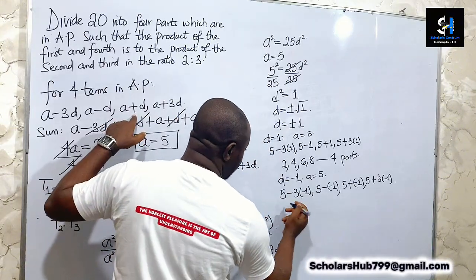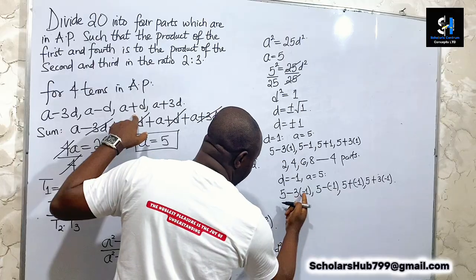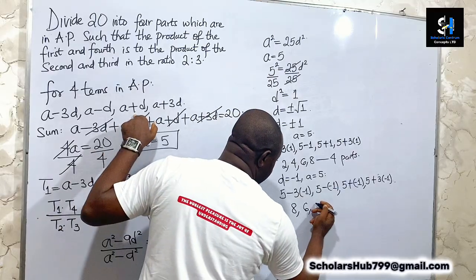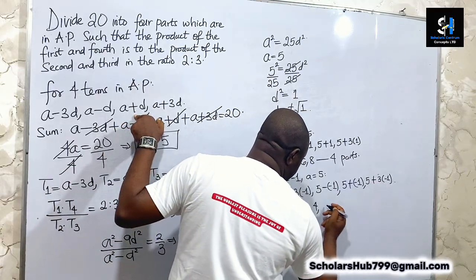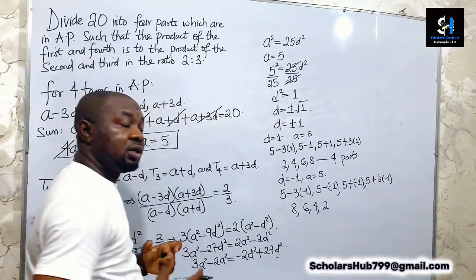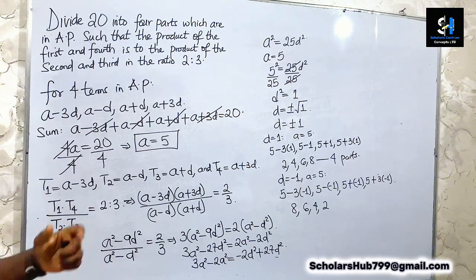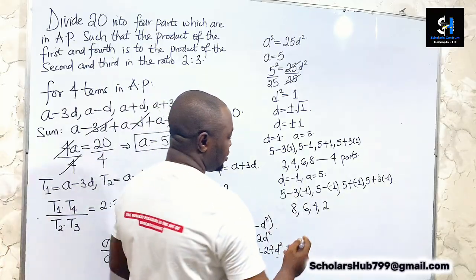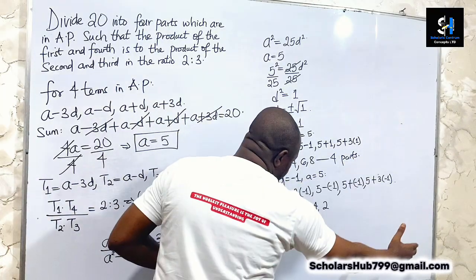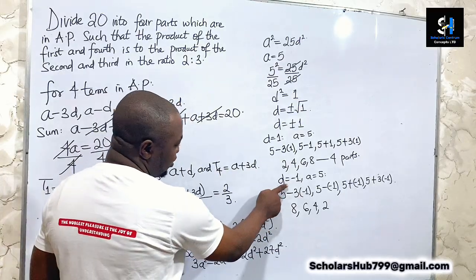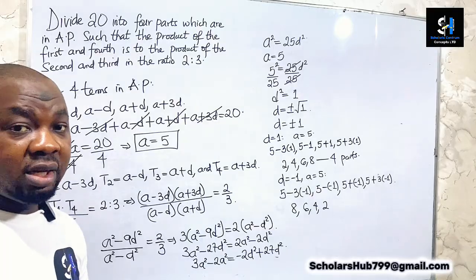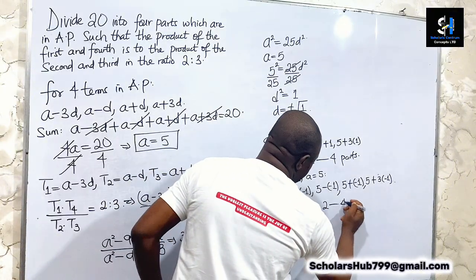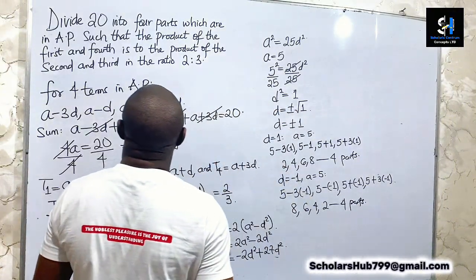Negative times negative is positive, so this will be 8, then this will be 6, and then this will be 4, while this will be negative 3 plus 5, because negative 1 times 3 is negative 3, and that will be 2. So we have it in this order. For the first one, we have the terms in ascending order. Then when d is equal to minus 1, we have the terms in descending order. So any of these two works best. These are the 4 parts in AP.